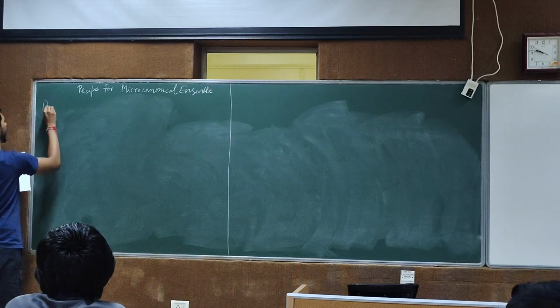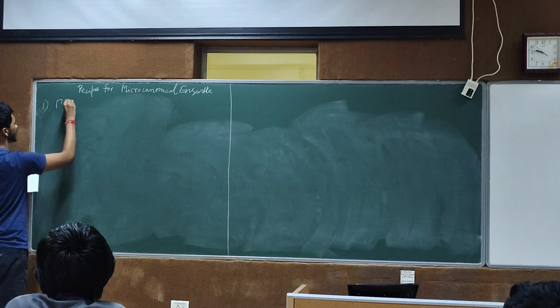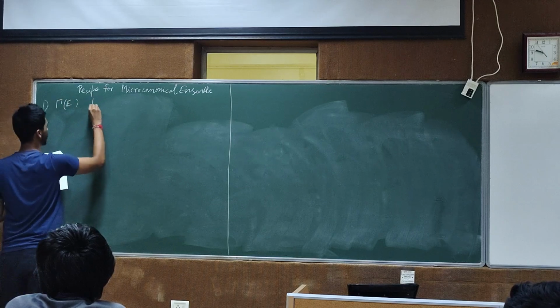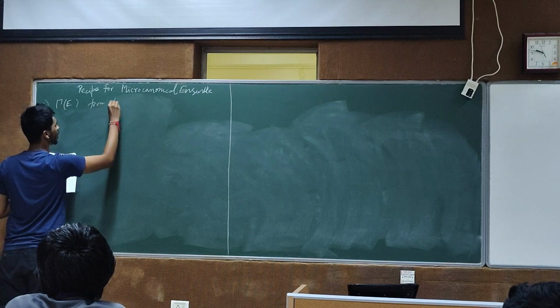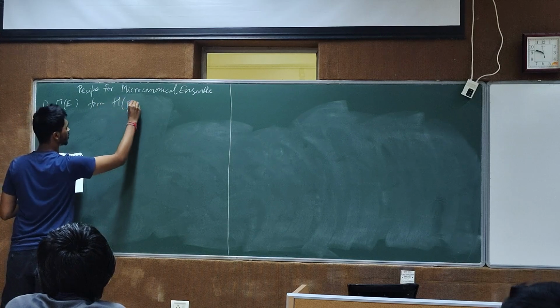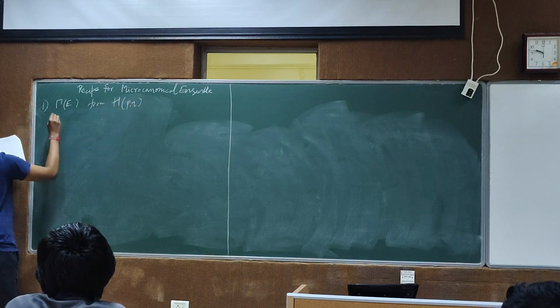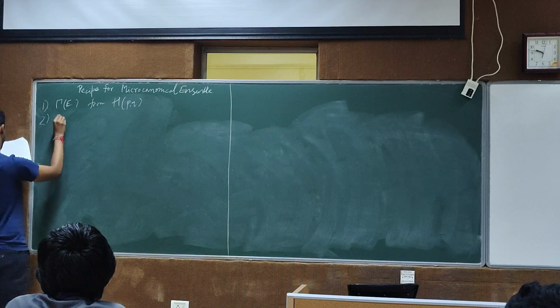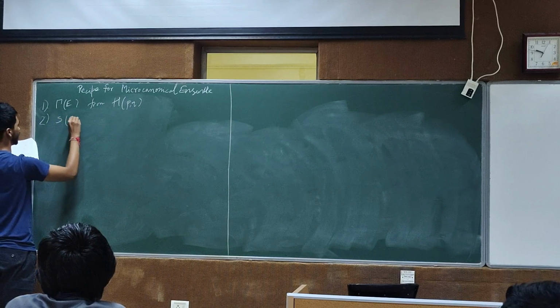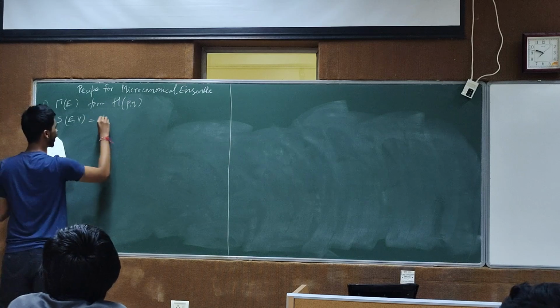So first you calculate Gamma(E) from the H of p, q. Then find entropy using the Boltzmann relation.